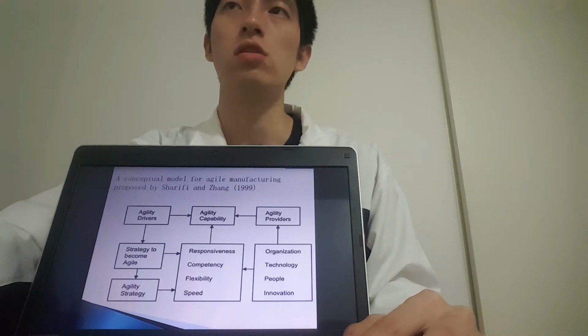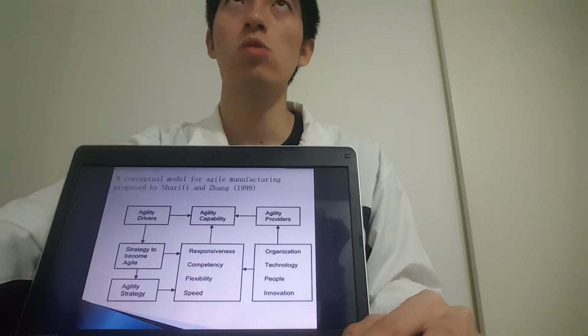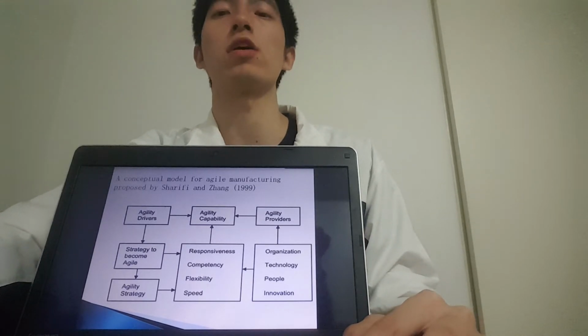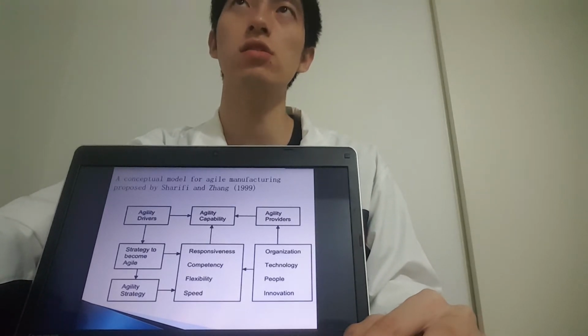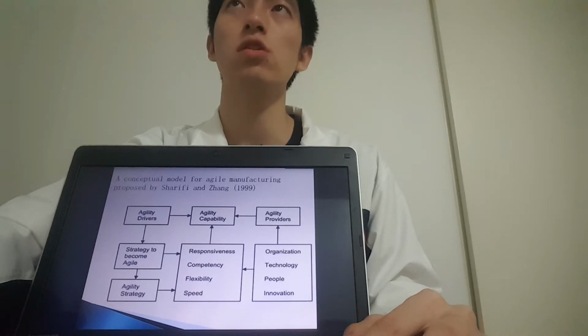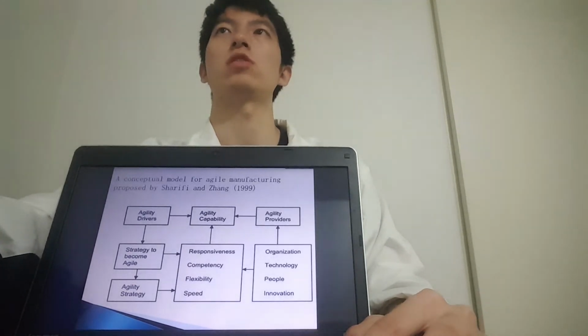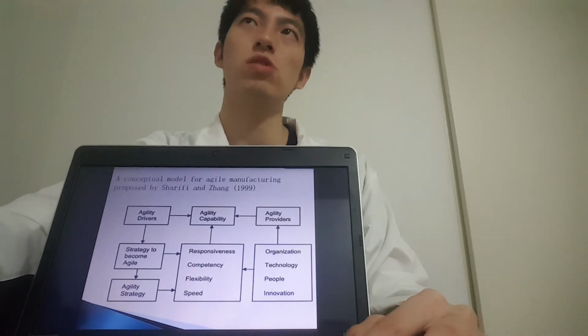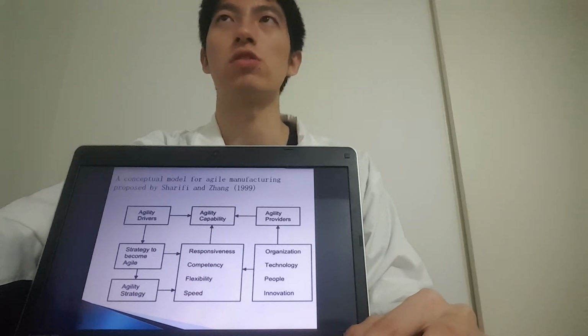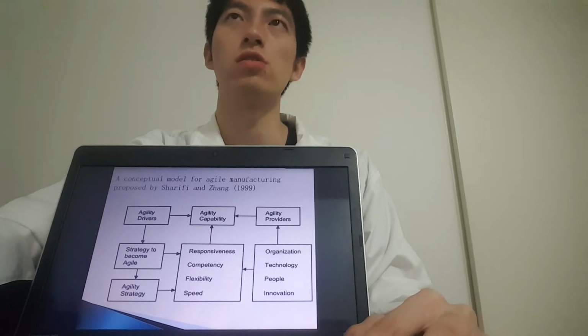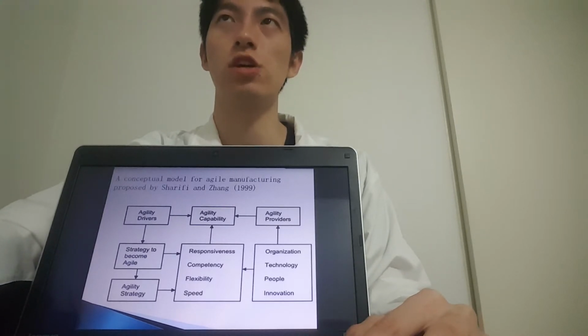According to this, the company first needs to resolve the current stagnation, admit the need to become agile, and adopt an agility strategy. Agility abilities such as responsiveness, competence, quickness, and flexibility are considered as main attributes of the agile organization that allow successful dealing with change.